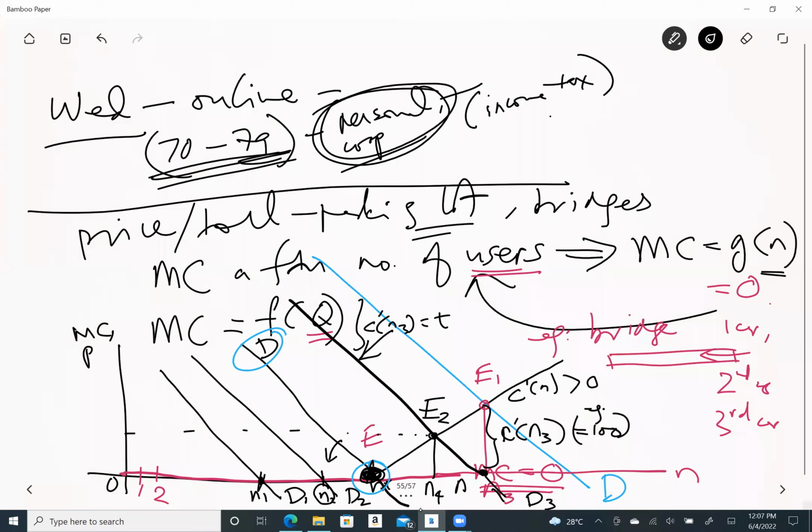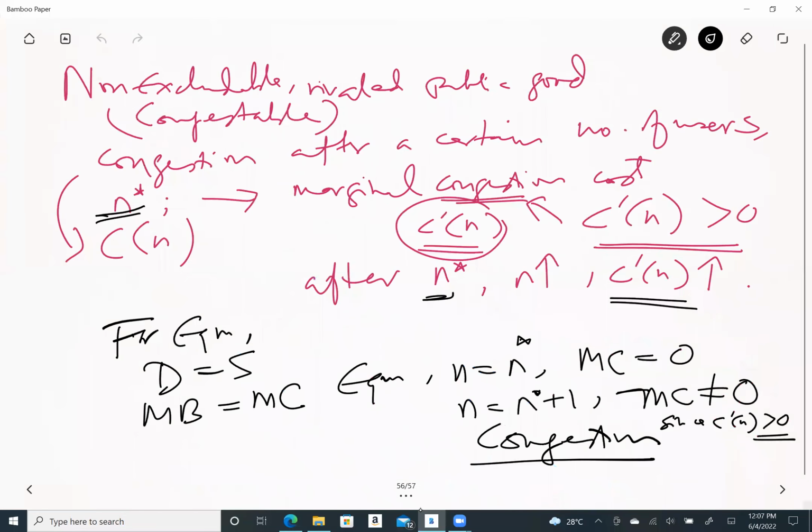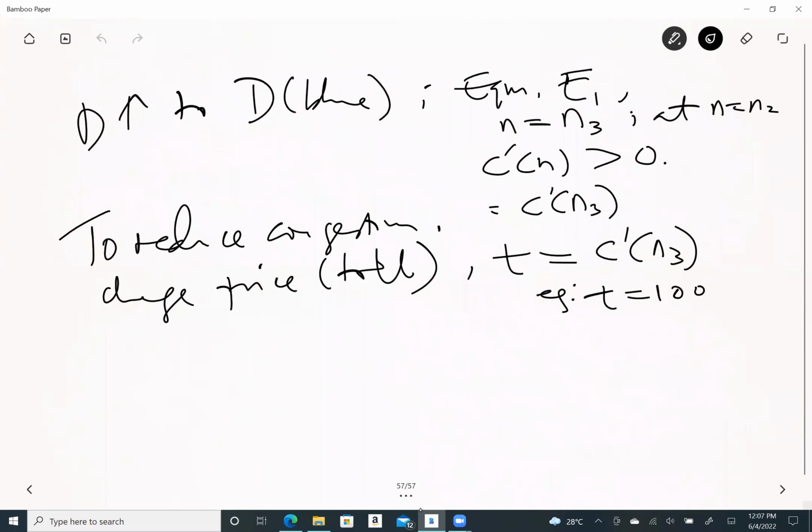So how do you get that 100? For now, don't worry about the toll that we pay, we just argue. When you impose the MEC, the toll equal to C prime N3, say 100, the demand will decrease to D4.